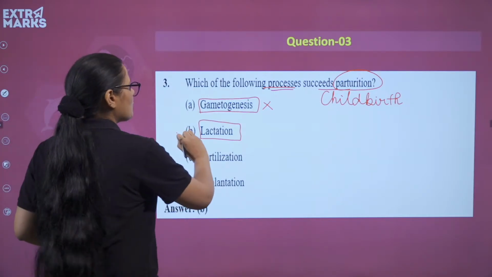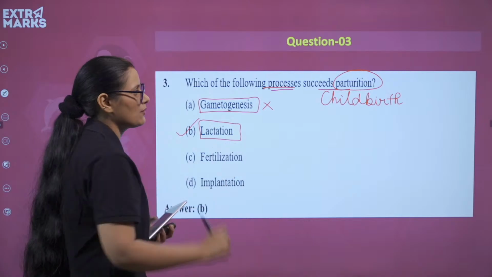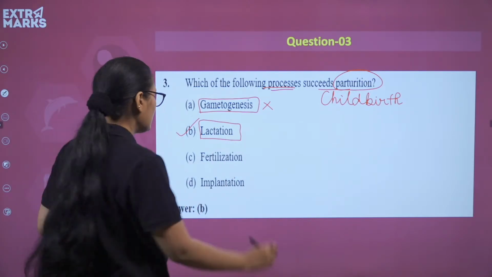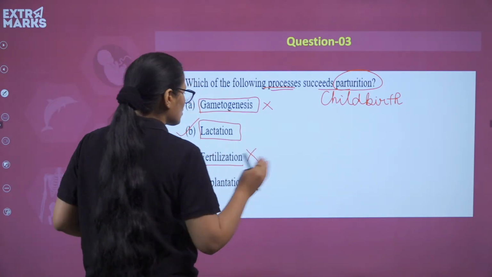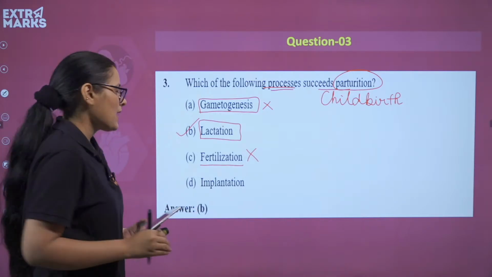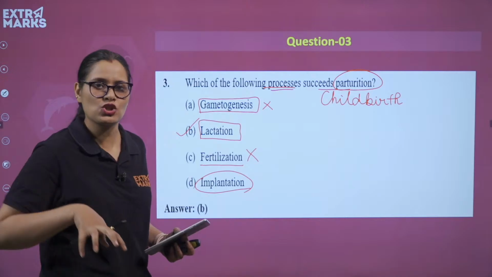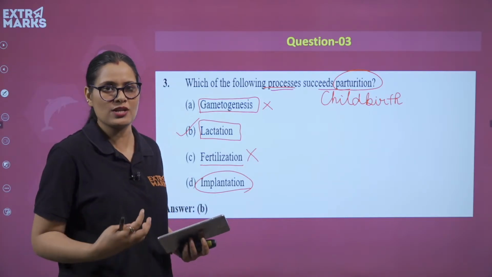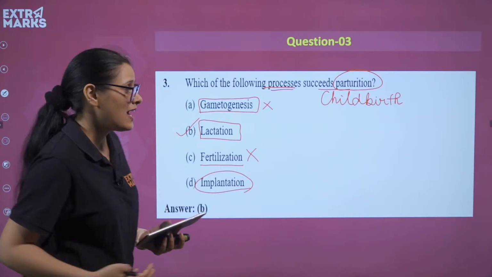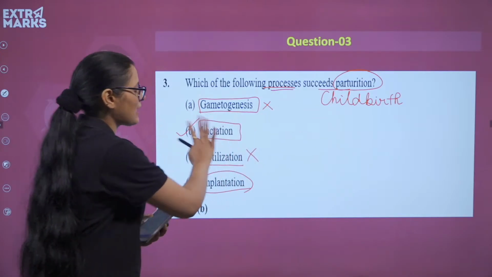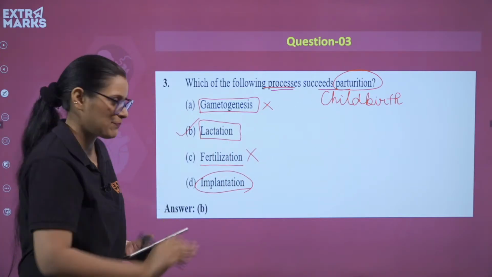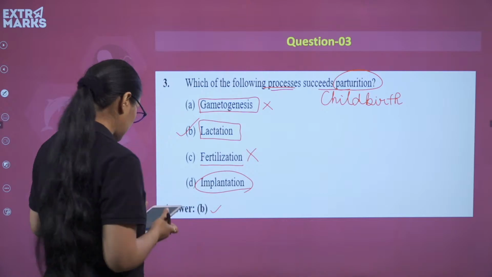So this would succeed parturition. So answer would be B. Fertilization is incorrect, which is the fusion of gametes. And then you have implantation that happens after fertilization. Implantation of blastocyst happens in the uterus, followed by embryogenesis, finally followed by childbirth and lactation. So this is the series. So the answer is option number B.